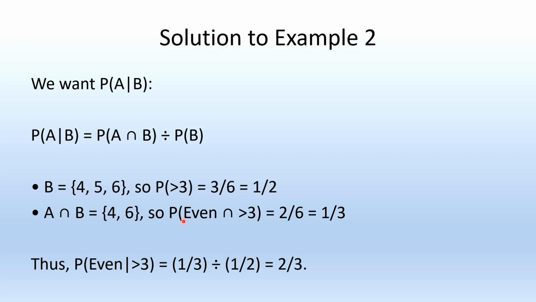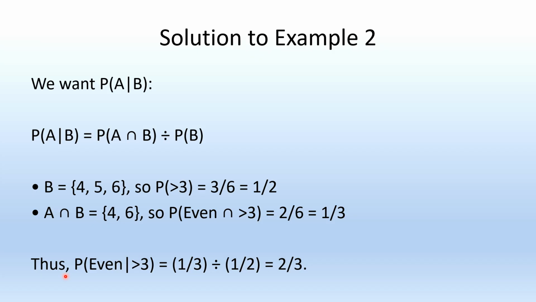So the probability of an even number showing intersection with the event that it's greater than 3 is just 2 divided by 6, because 4 and 6 are the only 2 ways that can happen. So that's 2 divided by 6, which is equal to a third.